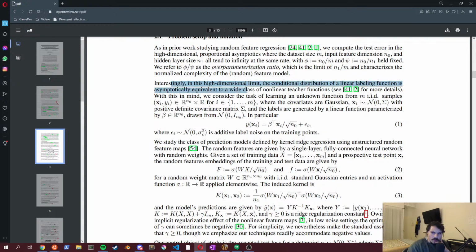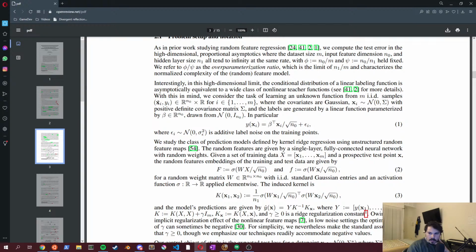Interestingly, in this high-dimensional limit, the conditional distribution of a linear labeling function is asymptotically equivalent to a wide class of nonlinear teacher functions. With this in mind, we consider the task of learning an unknown function from m independent identically distributed samples (xi, yi), so these are going to be your input features, and these are going to be your labels, where the covariates are Gaussian.